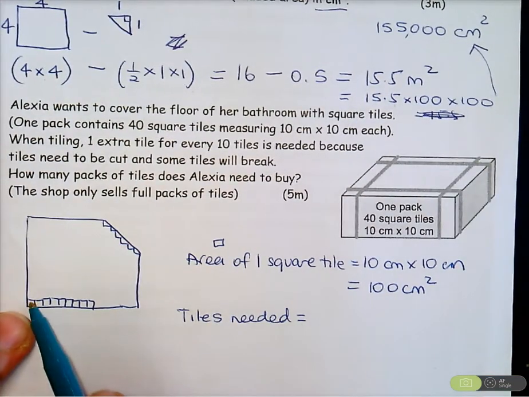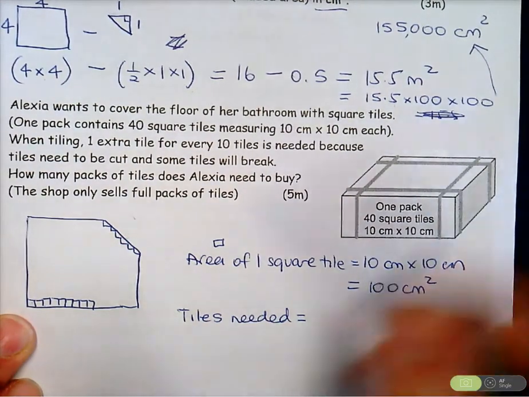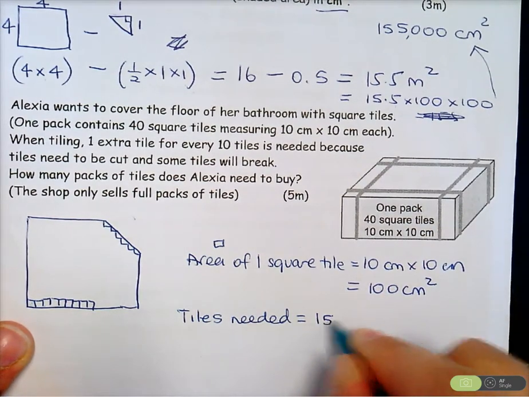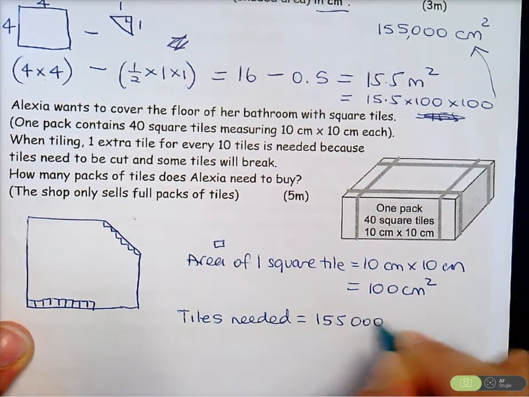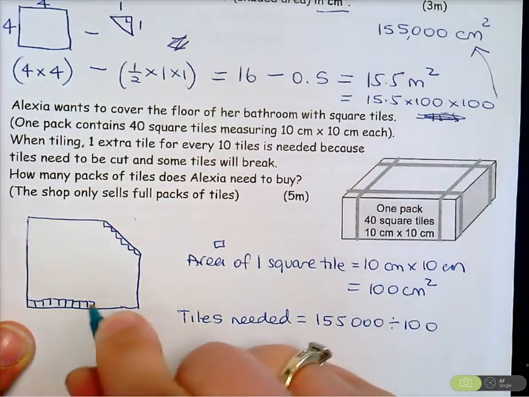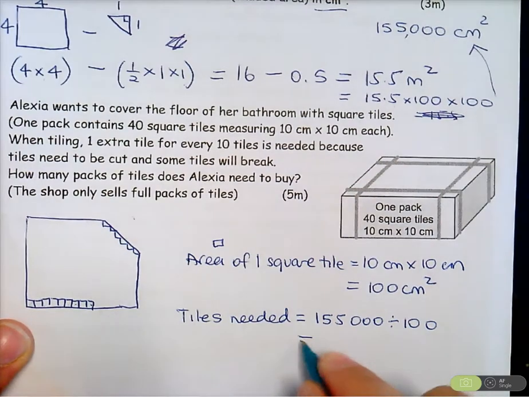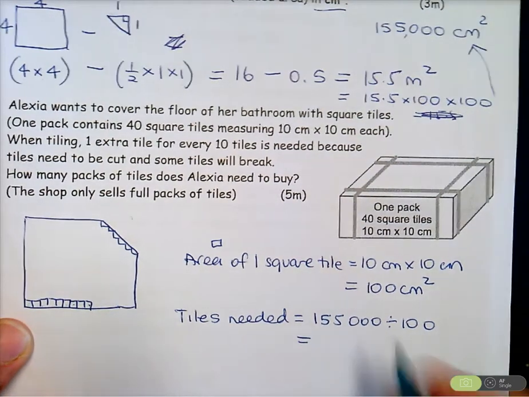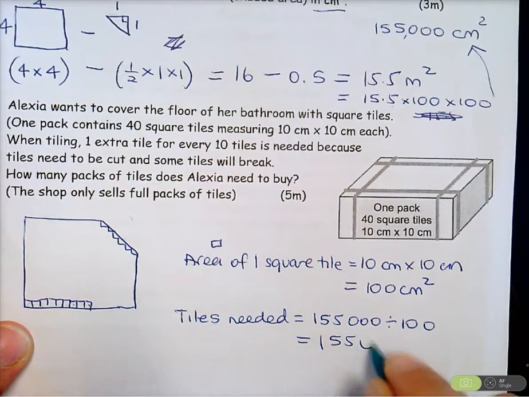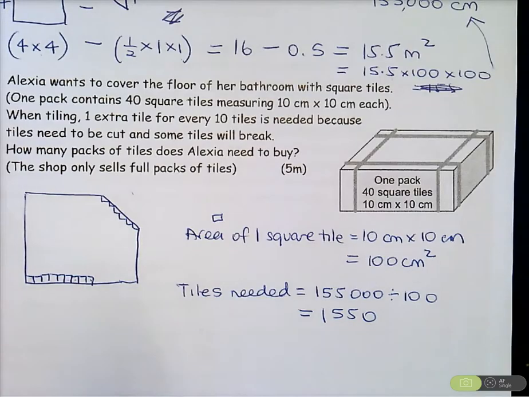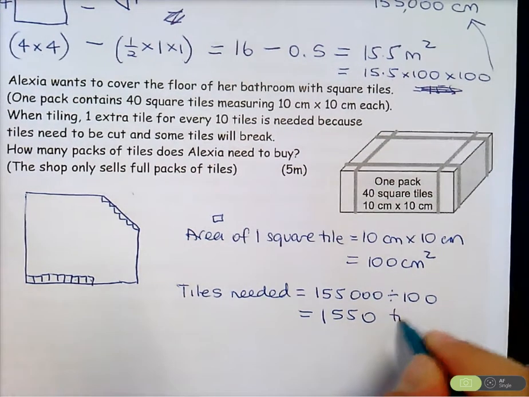If each tile is 100 centimetres squared and the whole area is 155,000 centimetres squared, what do we do? Divide. You see how many hundreds fit into the 155,000. So 155,000 divided by 100 is 1,550. Girls, that's how many tiles you need if nothing breaks.